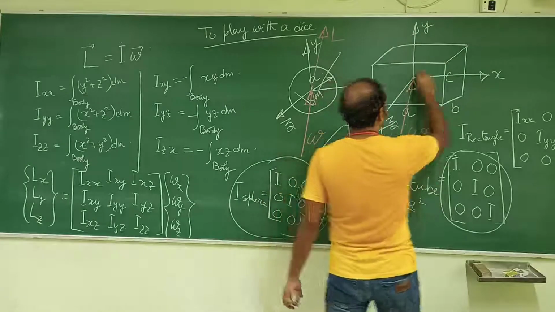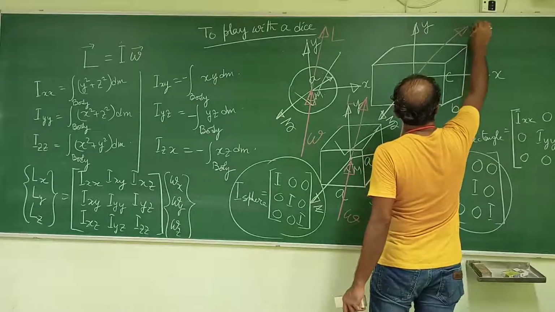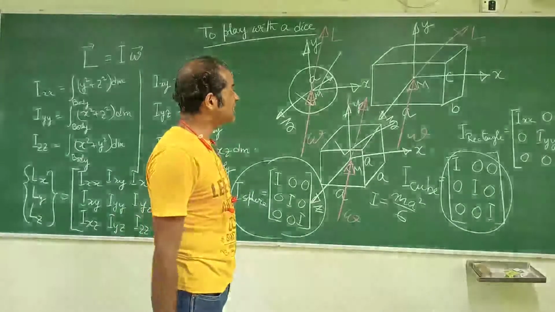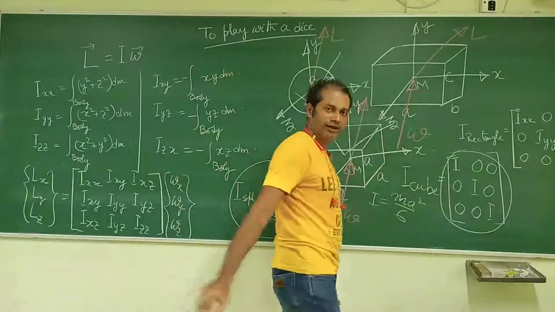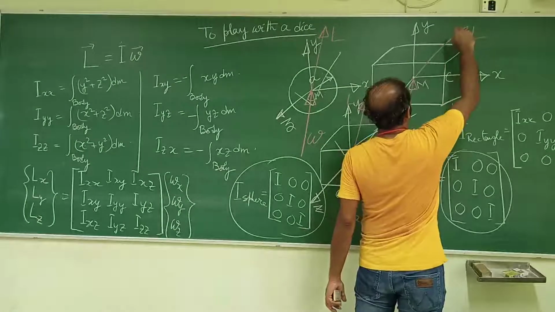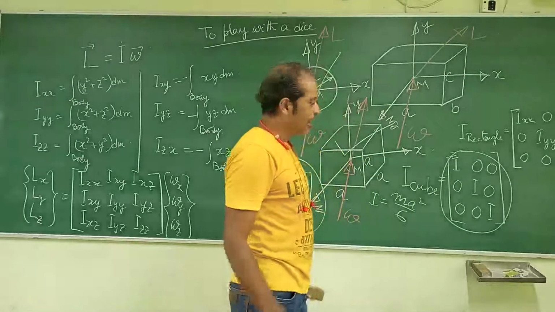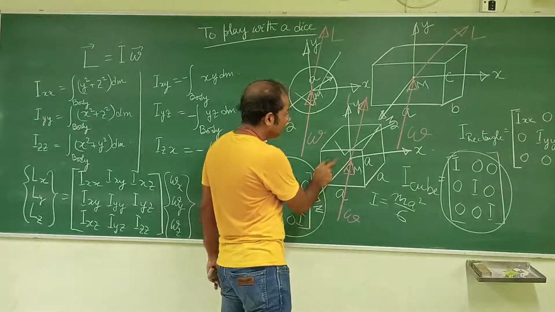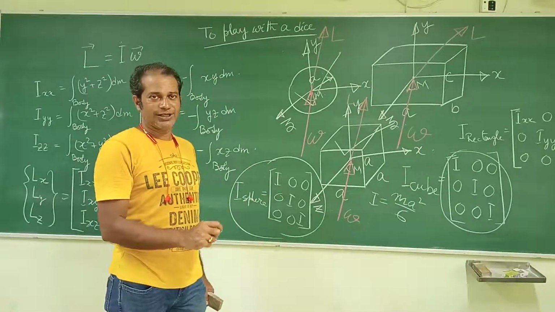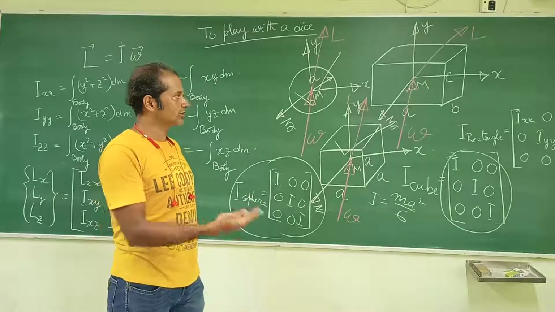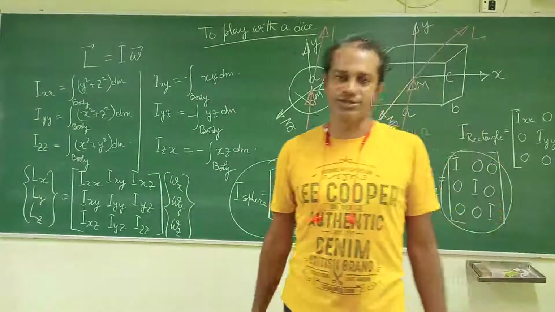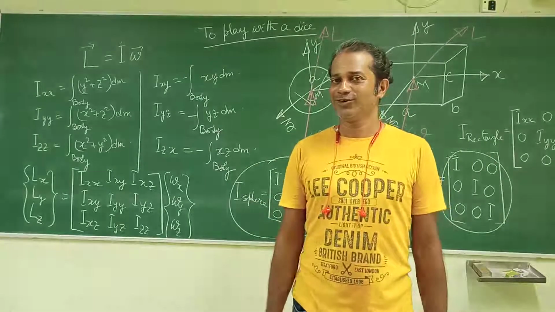If you give omega, then it is going to be decided depending on its property. So the conclusion is that for a rectangular body in general, for any omega, its angular momentum is not going to be collinear. But for a cube and for a sphere, the angular velocity is collinear with the angular momentum, or rather the angular momentum is in the direction of angular velocity. So what does it mean?